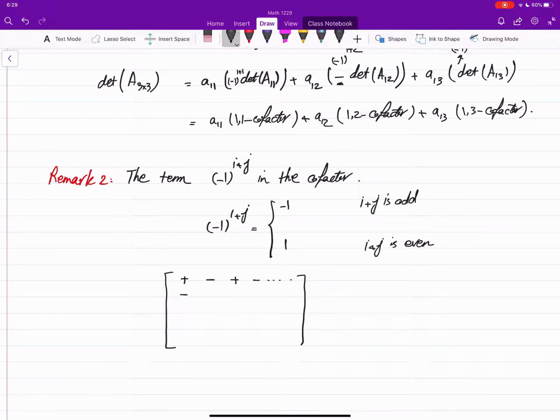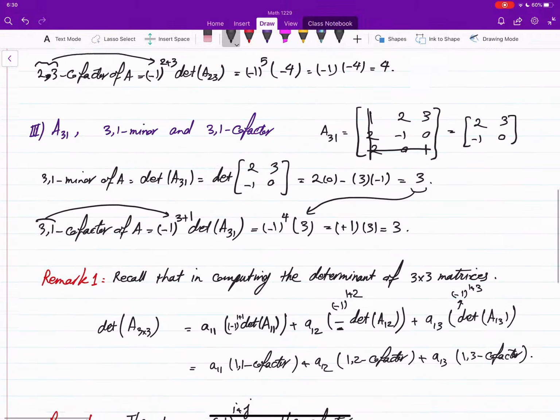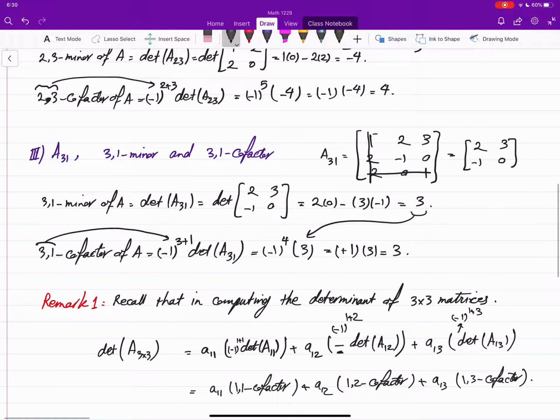When you pass to the next row or column, you alternate, you change the sign. This is an easy way of considering the sign in the cofactor: starting from the top left entry, you have plus, and then alternate everything and you get the sign for the cofactor.